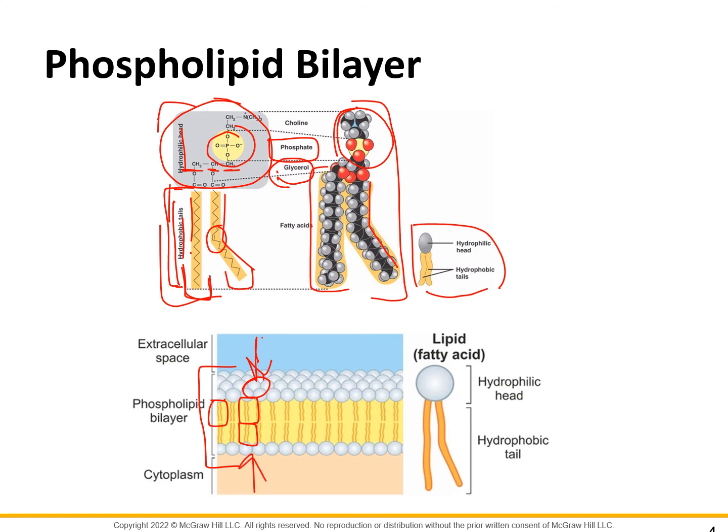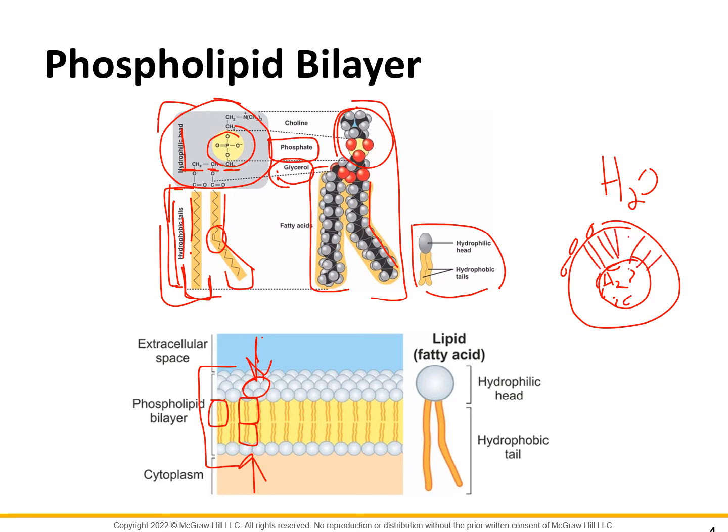And then what ultimately happens is that you get a spherical structure formed in water. Water is on the inside, H2O, and water is on the outside. And then these hydrophilic heads are interacting with the water on the inside of this spherical structure, and those nonpolar tails are in the middle, forced together.